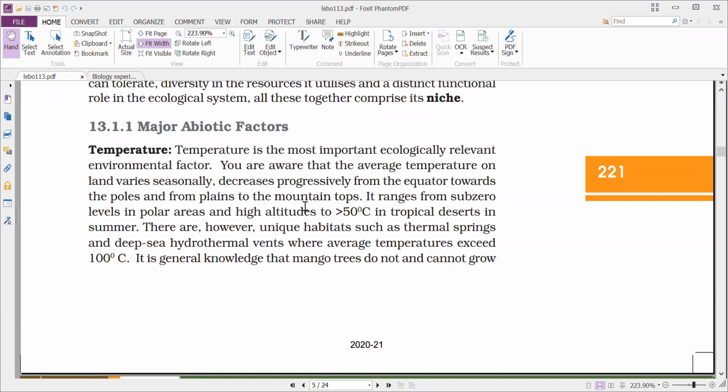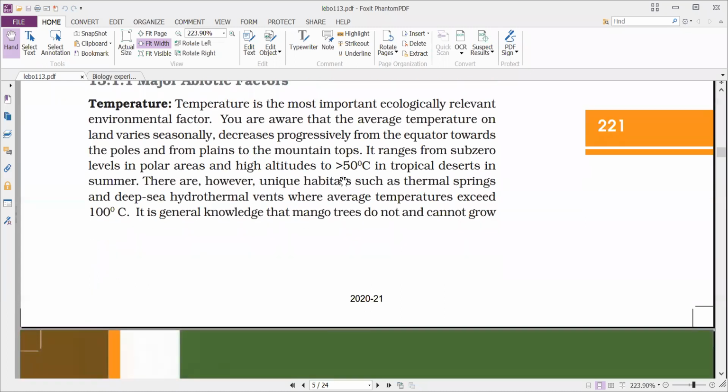And next, you are aware that the average temperature on the land varies seasonally, decreases progressively from the equator towards the poles and from plains to the mountain tops. And it ranges from sub-zero levels in polar areas and high altitudes to more than 50 degrees centigrade in tropical deserts in summer.